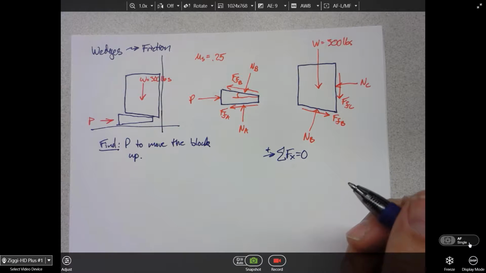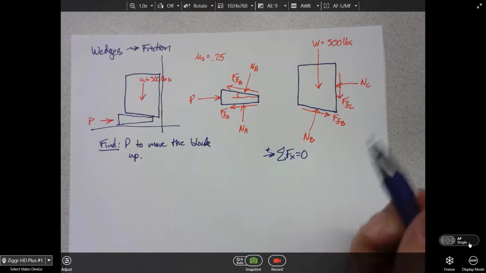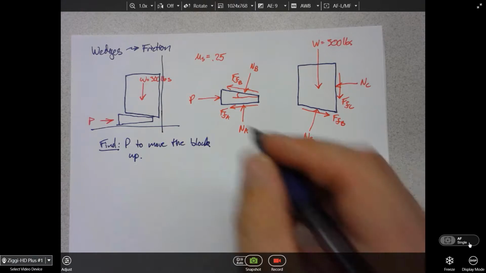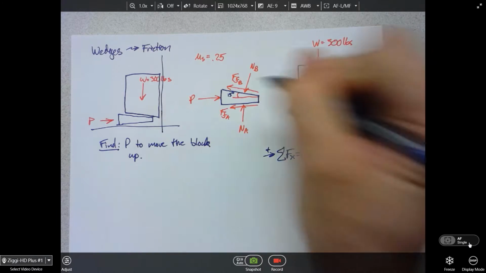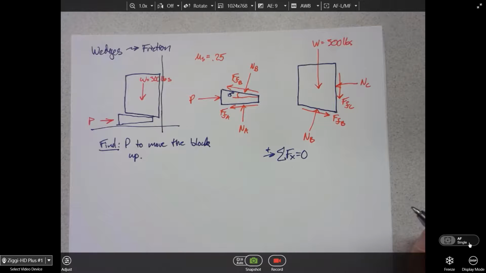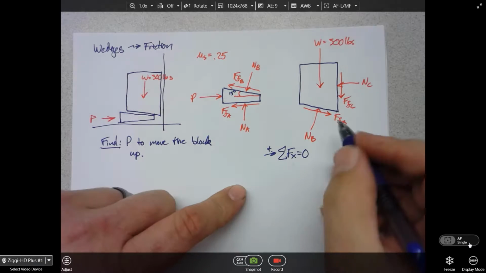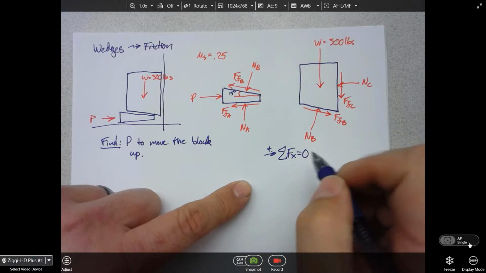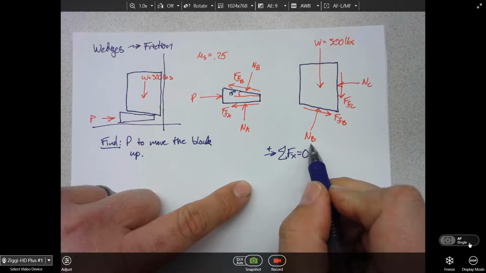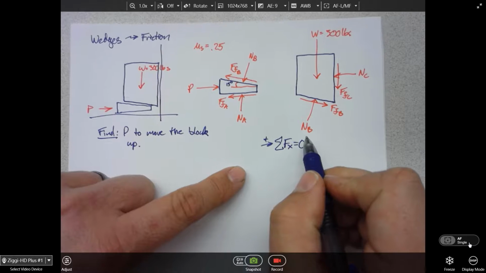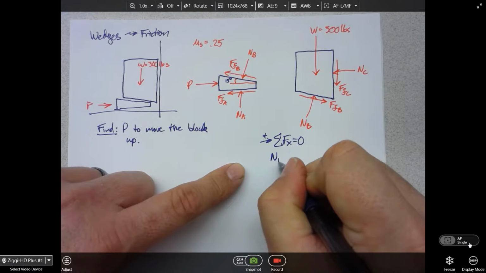What angle does that look like? 15 degrees. Anything over 90, I'd probably call BS on. So it's 15 degrees. If that's 15 degrees, then in the x direction, does NB have a component in the x? Yep. How much of it is in the x?